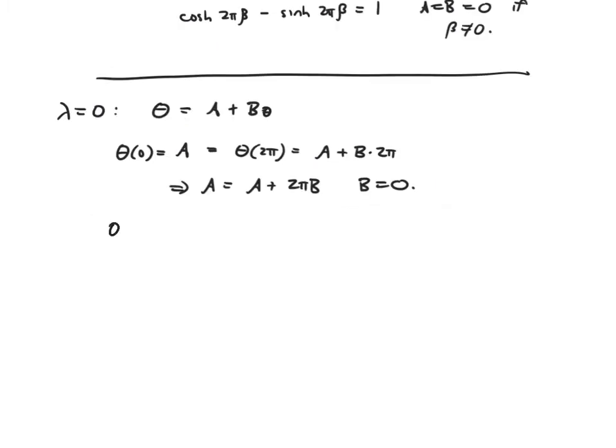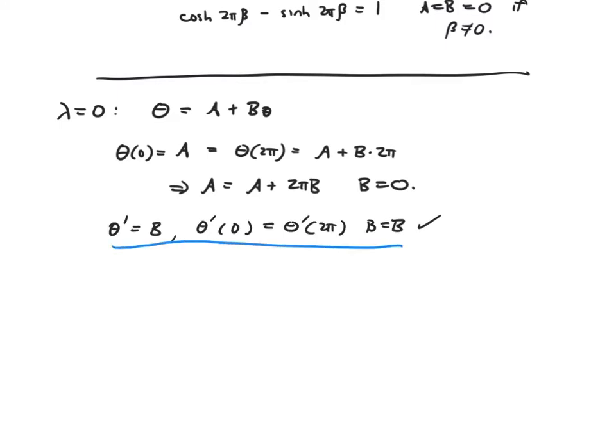In the derivative, theta prime is equal to B. So theta prime of 0 equaling theta prime at 2 pi, well, B equals B. That works. No restriction then on A. Although B equals 0, so there's nothing to be talking about in this line right here.